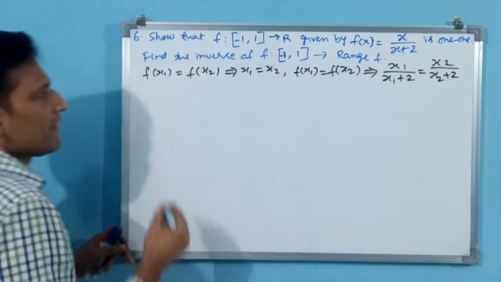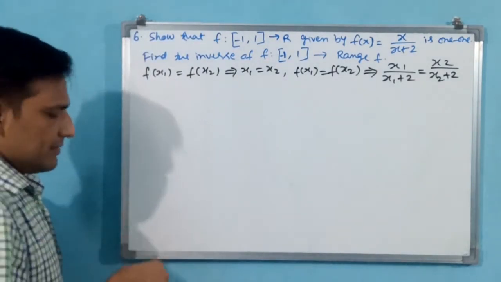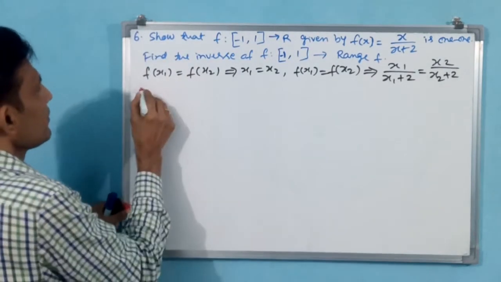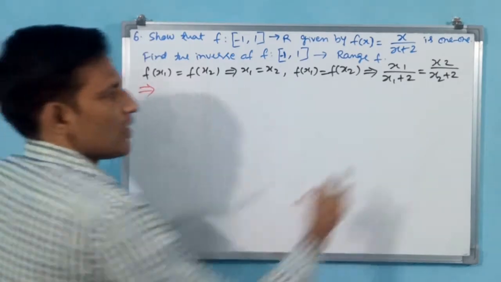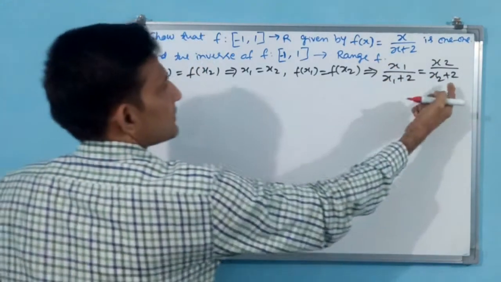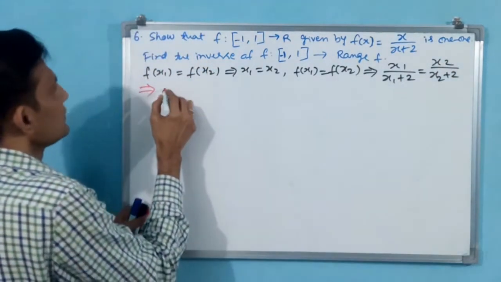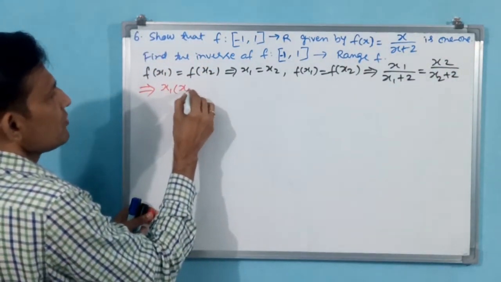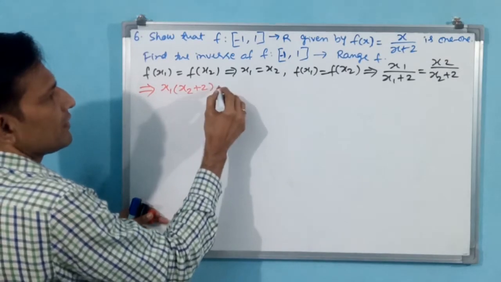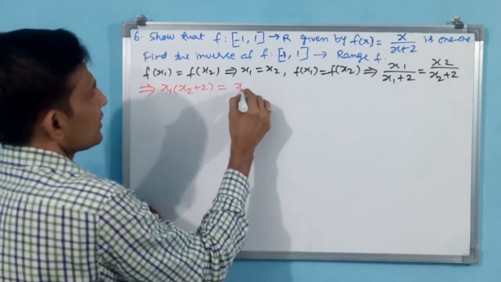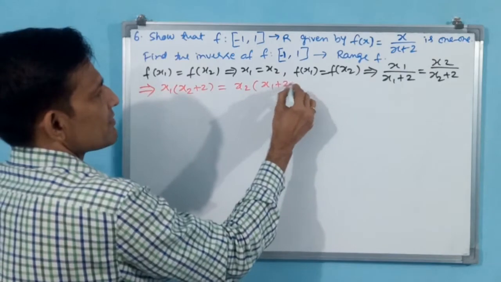Again implies, cross multiplication: x1 into x2 plus 2 is equal to x2 into x1 plus 2.